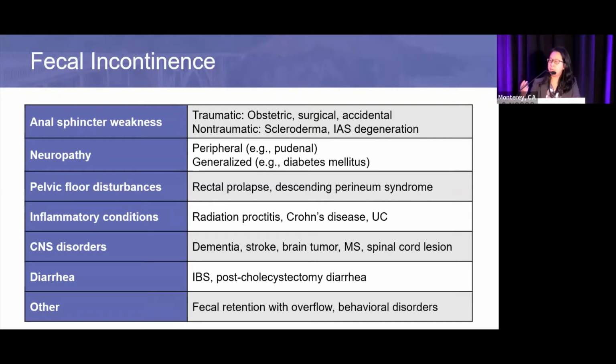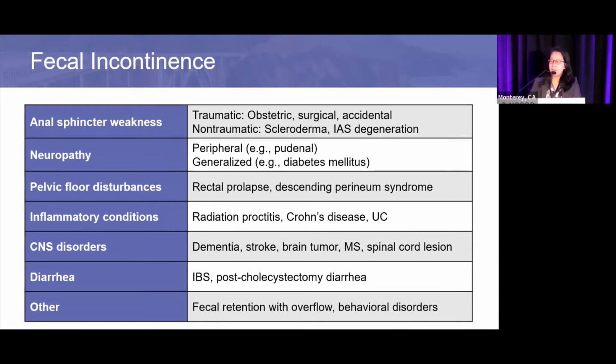That also may affect the sensation, as I mentioned earlier, right? They don't feel that rectal urge distension until 120 milliliters later. Pelvic floor disturbances such as rectal prolapse, inflammatory conditions, so radiation proctitis, inflammatory bowel disease, or central nervous system disorder, dementia, stroke, whatnot, and then IBS related.